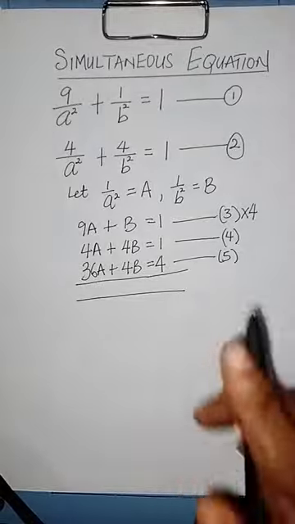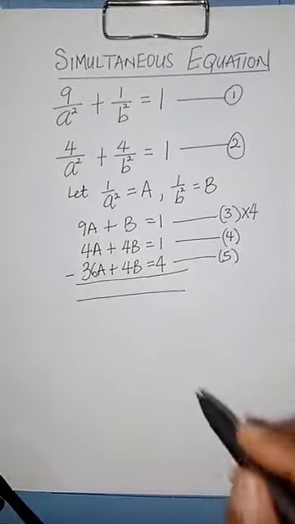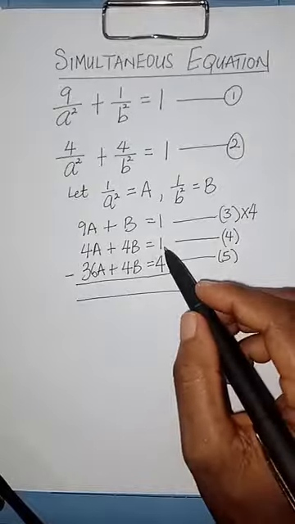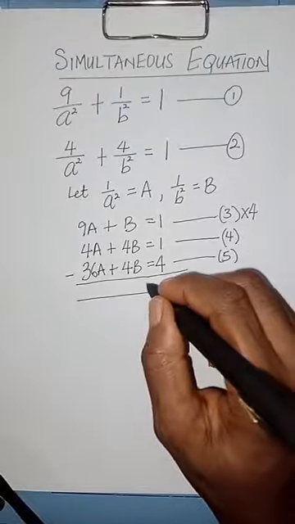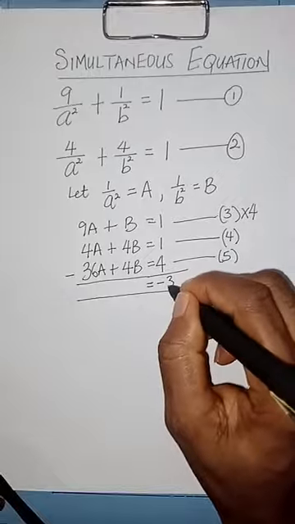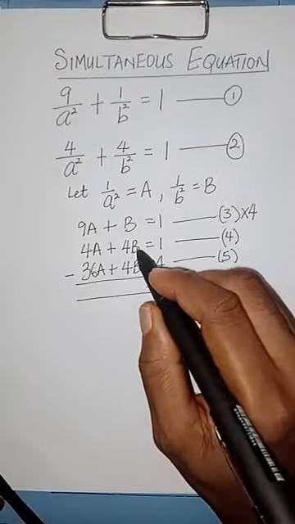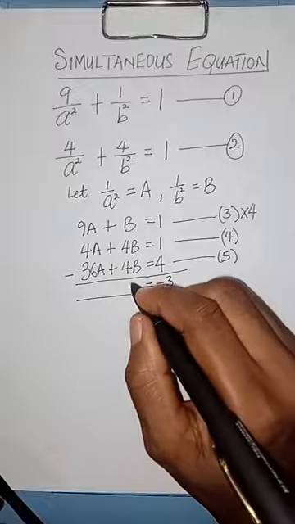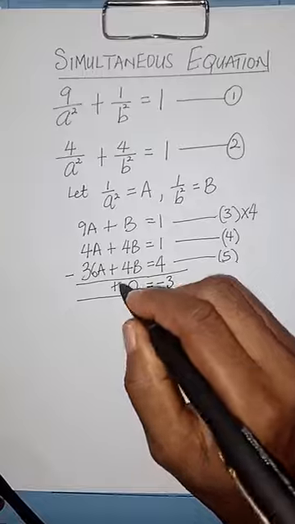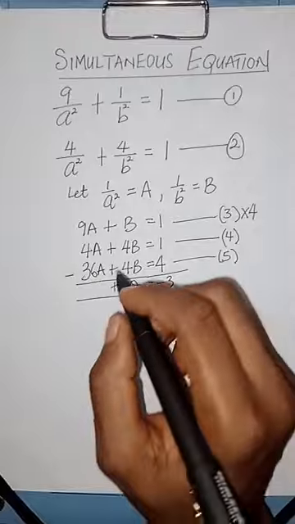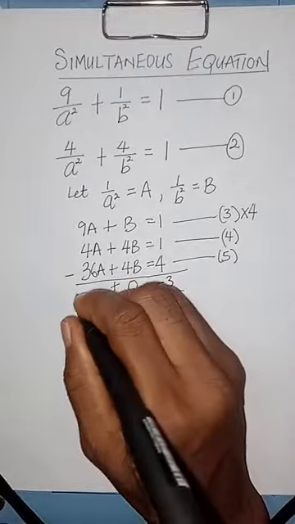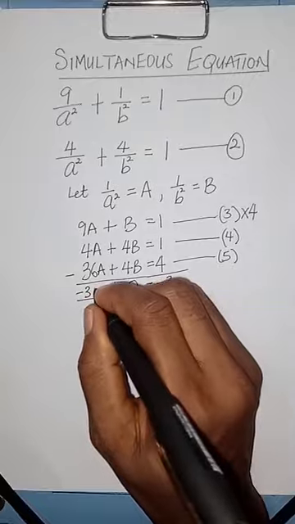If I do that, I'll subtract. I'm going to have 1 minus 4, it's minus 3, and 4B minus 4B, it's 0. So I've eliminated that. Then 4A minus 36A will give you minus 32A.